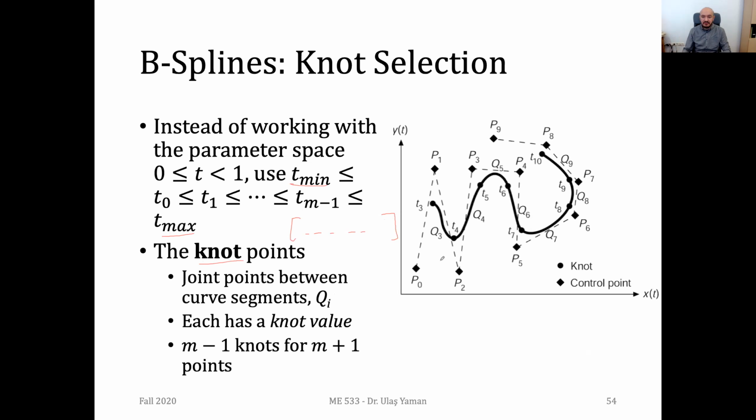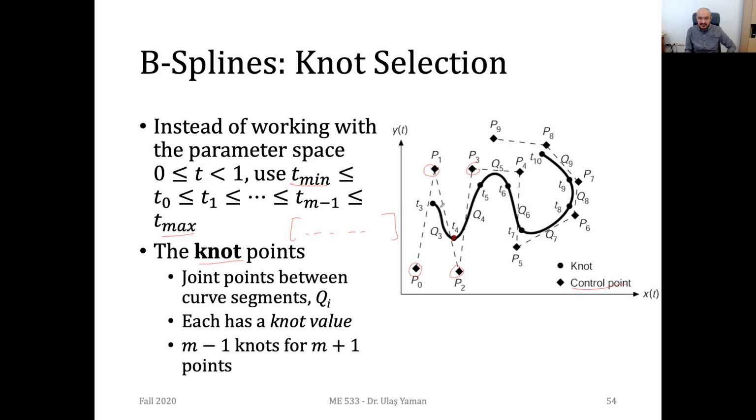So let's have a look here. These are our control points. The diamond ones are control points. And this is the resulting B-spline. And if you look here, we have some connection points.